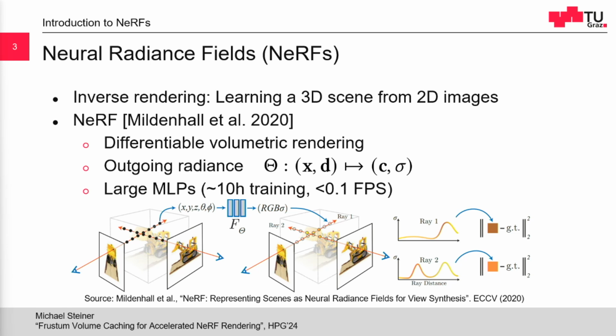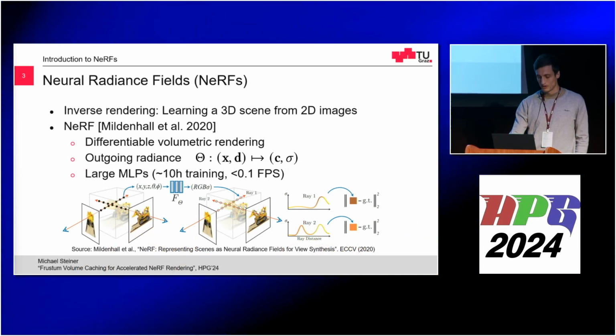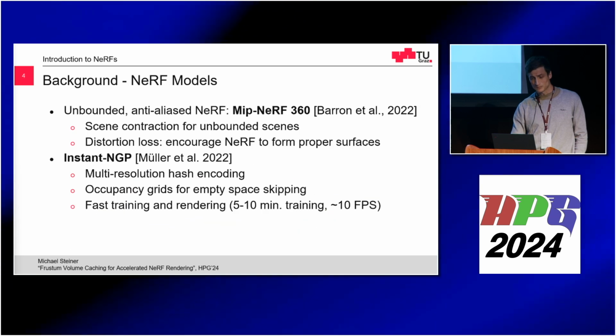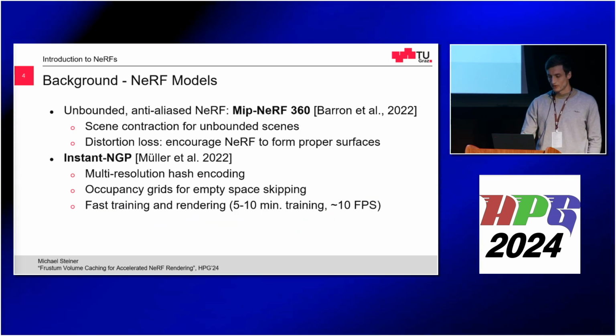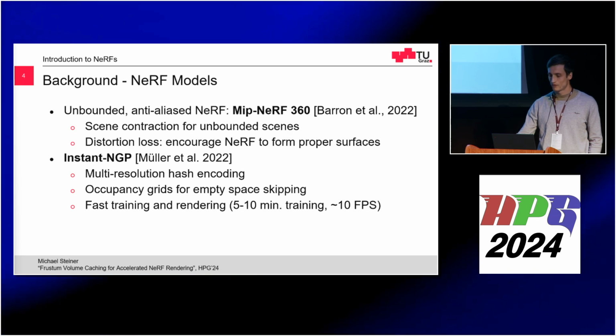The underlying network they used was a large MLP, and this led to very large training times and far below real-time frame rates.